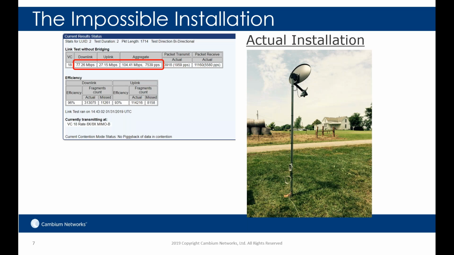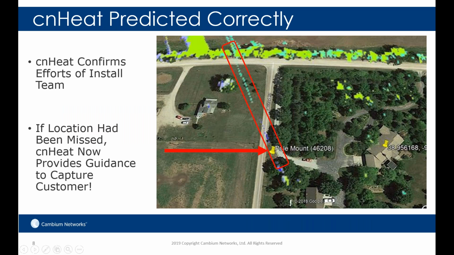Just about when we started investigating this, the customer called us. At the same time, we realized that actually cnHeat, the pole was mounted here, the customer was mounted here, and what we see is cnHeat actually predicted that was the one location where you get service.